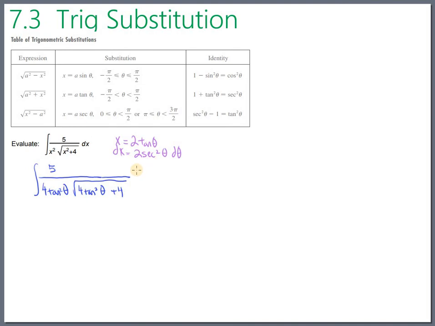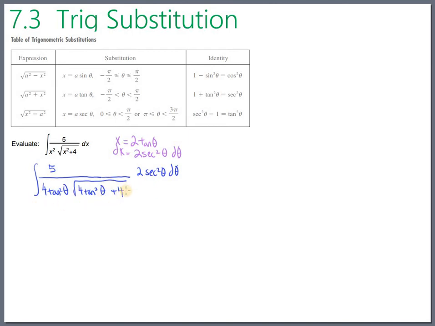Dx is the same thing as 2 secant squared theta d theta. Okay, we've made the substitutions. Let's see if the integral is actually any better than it was before.